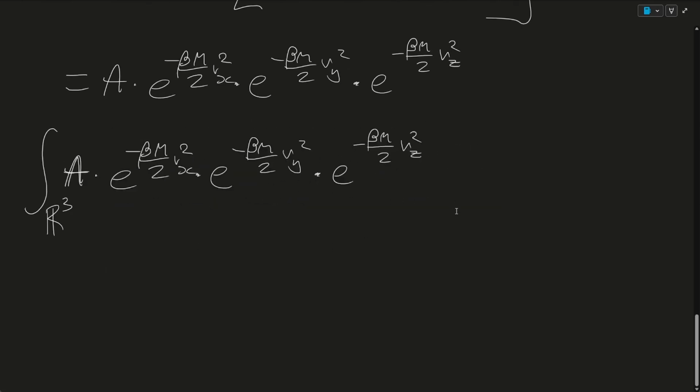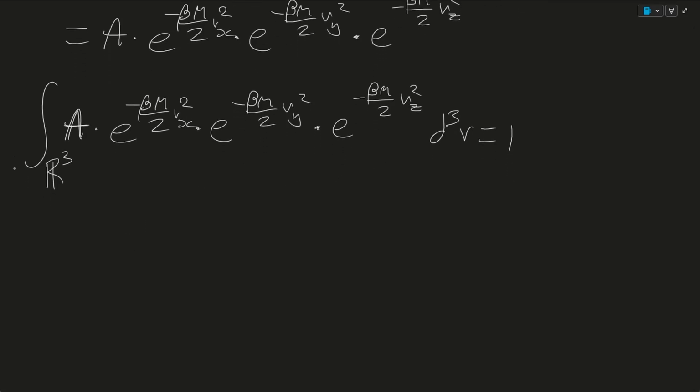And this has bounds of integration dvx, dvy, dvz equals 1. I can actually just say d cubed v here because it's still R cubed. D cubed v is 1. Obviously that refers to those separate bounds.